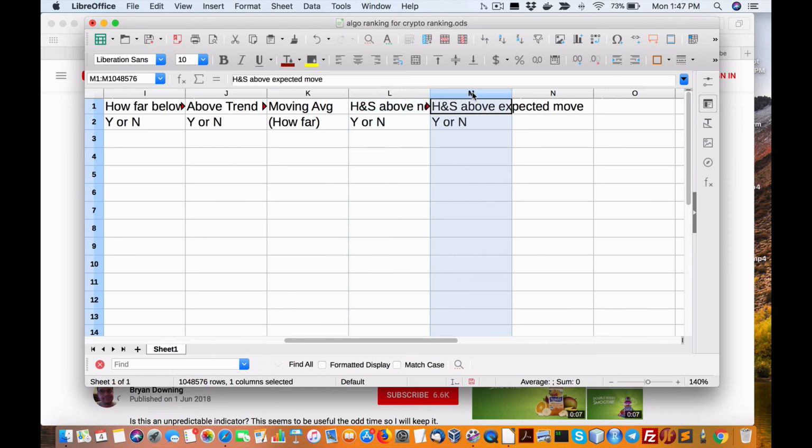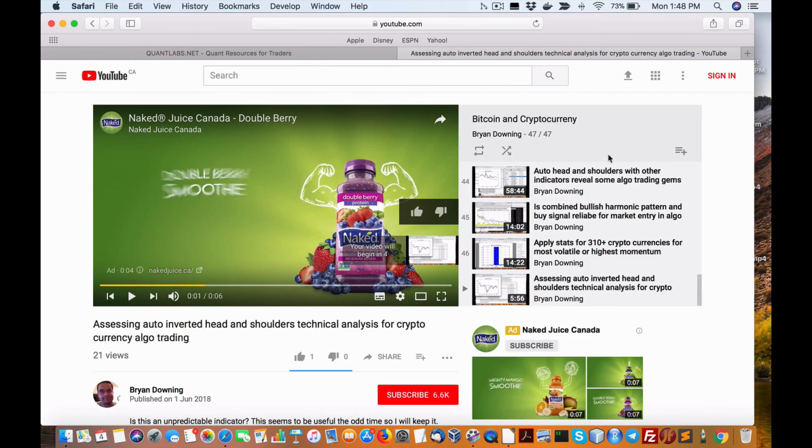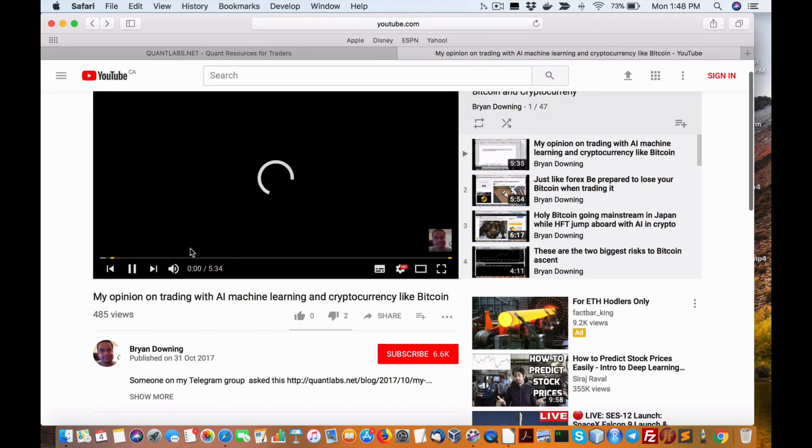Now, when you measure a regular head and shoulder versus an inverted, what you'll find is that the head and shoulder is useful, but it's more of a confirmation when you look for those little green and blue dots that I created. Let me just go back and show you what I refer to in the videos.